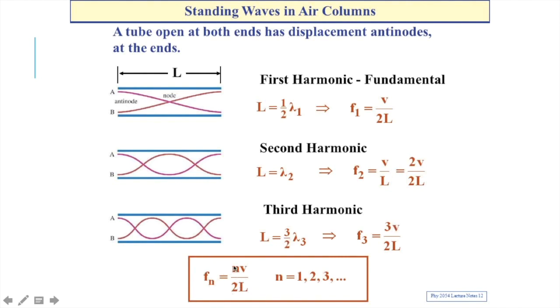What that gives us is a general equation we can use for the frequency of the nth harmonic in relation to the speed and the length. It's going to be n times the speed divided by 2 times the length of the pipe. And here n is any integer, 1, 2, 3, they'll all work. So do make a note that this equation works as well for a wave on a string, because the math, again, works out exactly the same.